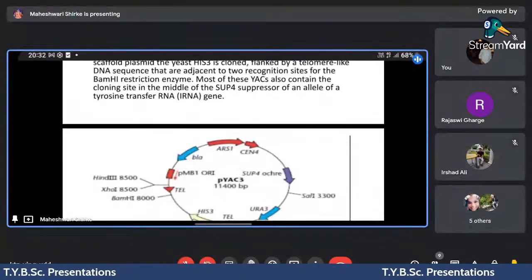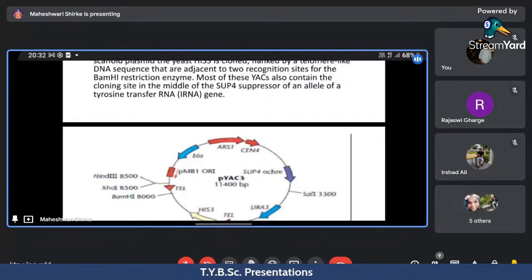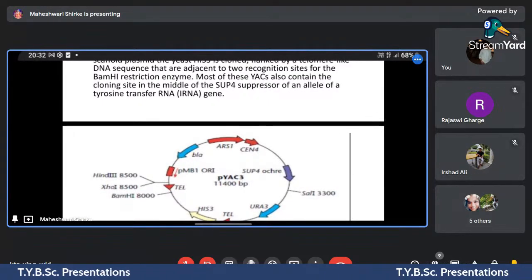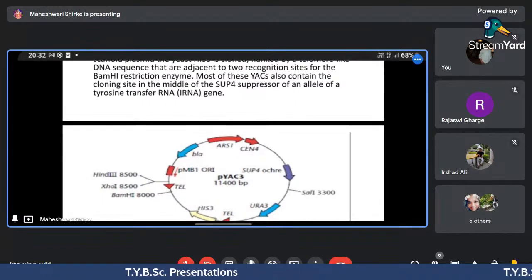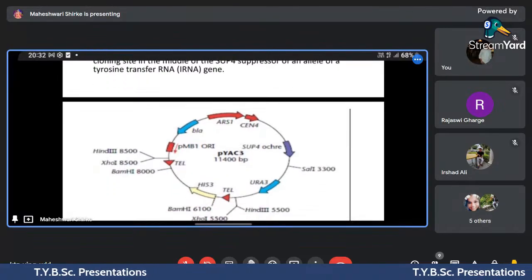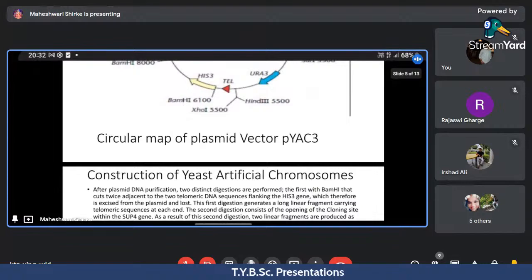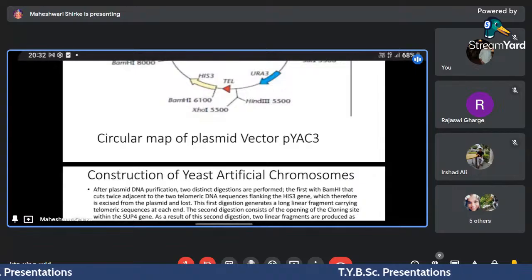Most of the yeast artificial chromosomes also contain cloning sites in the middle of the suppressor allele of a tyrosine transfer RNA gene. This is the circular map of the plasmid vector, YAC3.